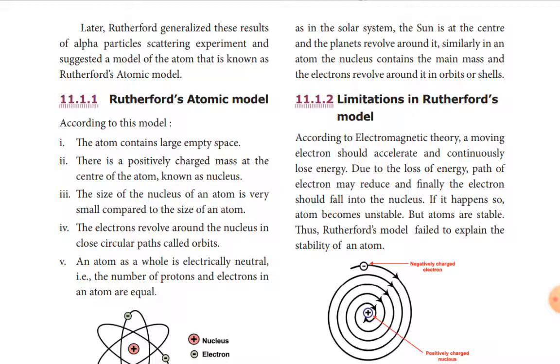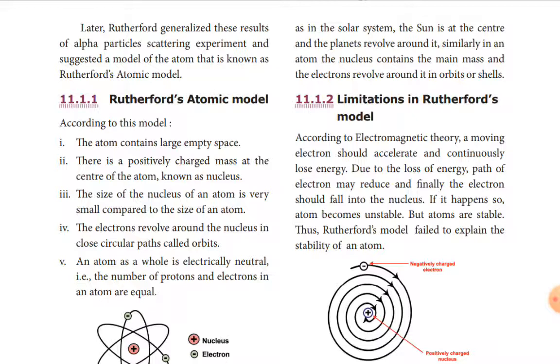So the stability of the atom was not explained by Rutherford. According to electromagnetic theory, when an electron revolves continuously, it is going to radiate energy. When energy is lost, what takes place? The electrons are going to be pulled by the nucleus, so electrons are going to merge with the nucleus.